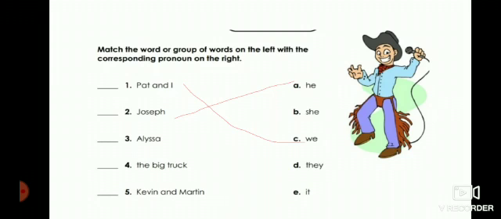The big truck. Is it a thing, animal, or person? Yeah, thing. So what is the answer? Yeah, it. Kevin and Martin. How many persons are there? Yeah, two persons. So it is plural. So what do we write? Yeah, they. I hope, children, that all of you understood when do we use he, she, it, they, isn't it? Okay, thank you.